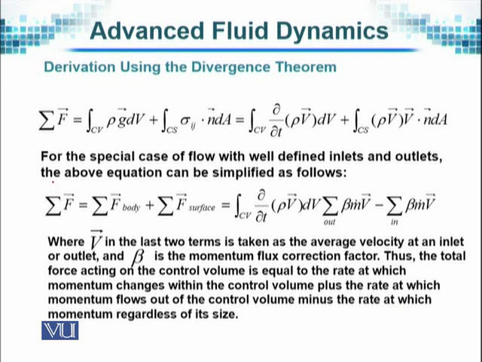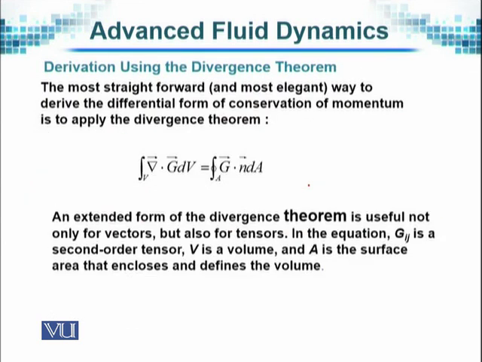We look at the same equation, that the sum of the forces must be equal to the motion that is taking place, that is mass into acceleration. And when we see that, we obtain these body forces, the surface forces, the velocity, and beta is the momentum flux correction factor that we discussed, you will recall, when we were talking about Reynolds transport formula.